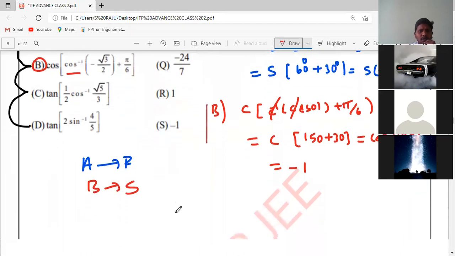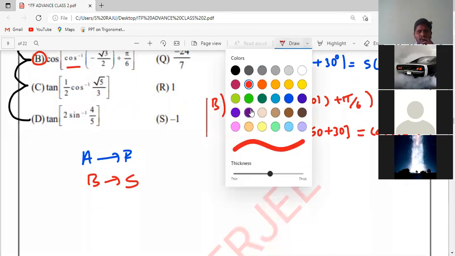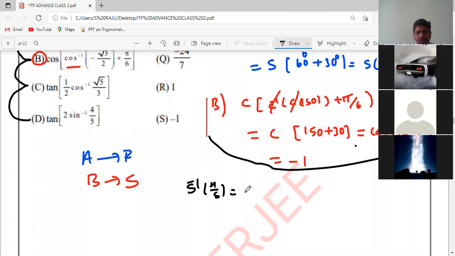Then which is easy to simplify here, C or D? Yes, here we can easily simplify D. In the previous class, we have seen the transformation of sine inverse to tan inverse. Sine inverse of 4 by 5 is equal to tan inverse of what?